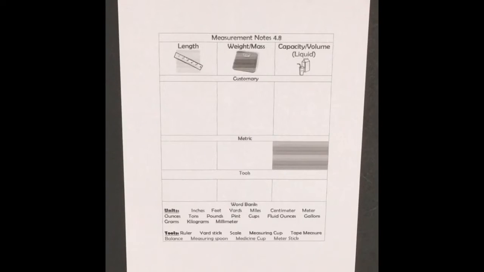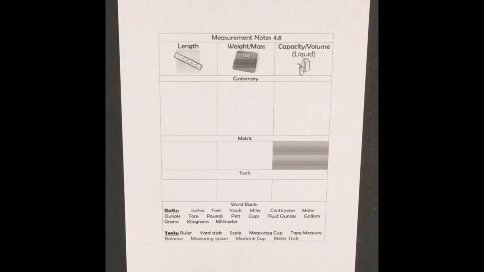Unfortunately, I don't have you guys here to have those discussions, so I'm just going to use the word banks down below. Hopefully, maybe you can have those discussions with your parents about the different types of measurement. Maybe practice different measurements. You can be baking or maybe making something, building something, that kind of thing. Got to use that measurement for any of that.